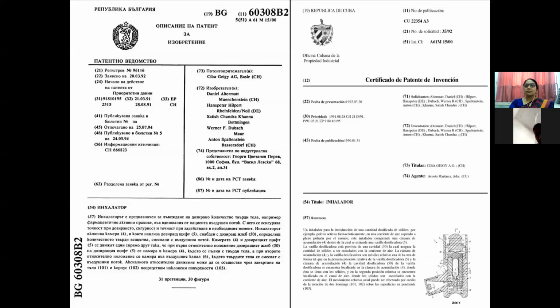These are 2 more from 2 different countries. Maybe you can make out which country it belongs to by the country code. And this is again another one, Cuba. Maybe this is from Cuba, and this one exactly I don't know.